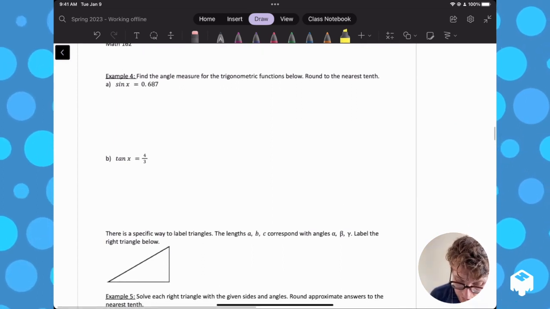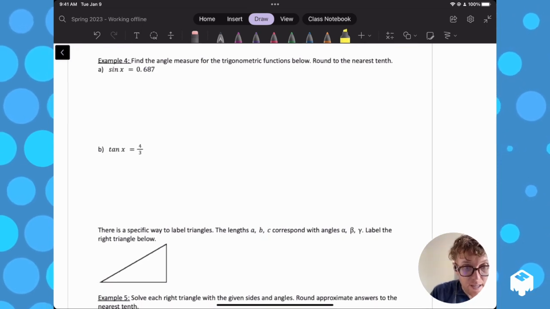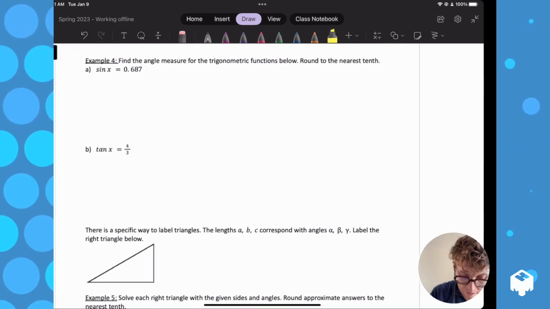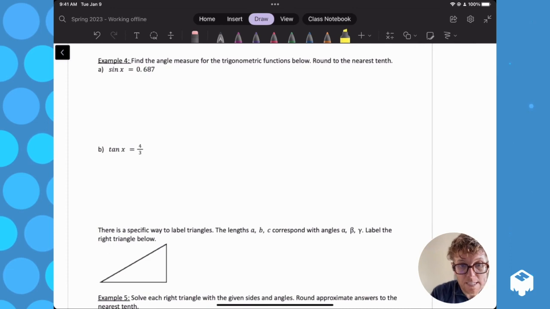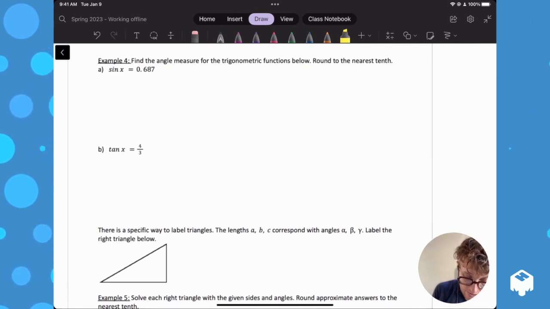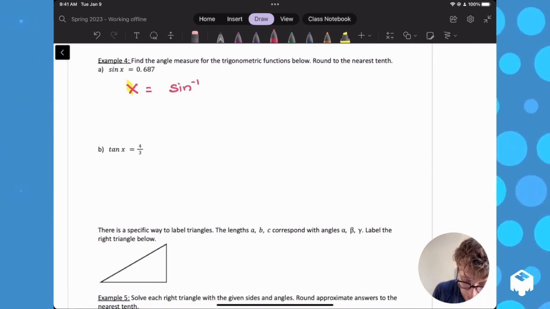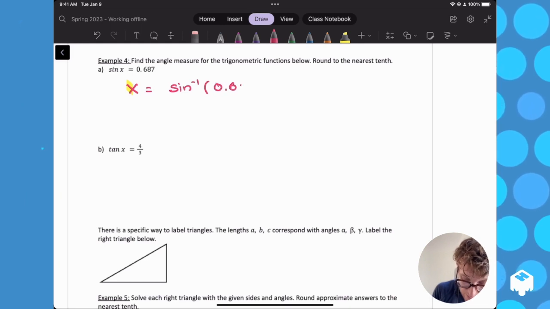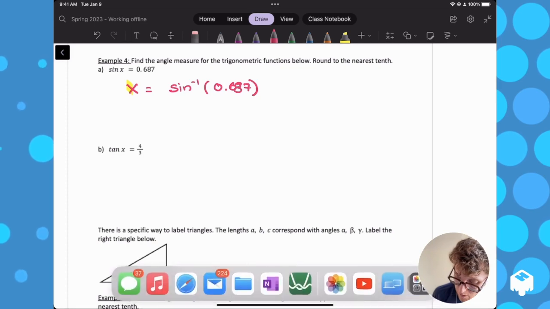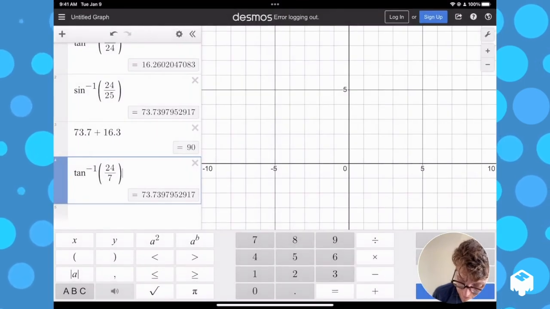So example 4 is just having us find the missing angle for two examples. Here x will be inverse sine of 0.687. So I'm going to use my calculator.